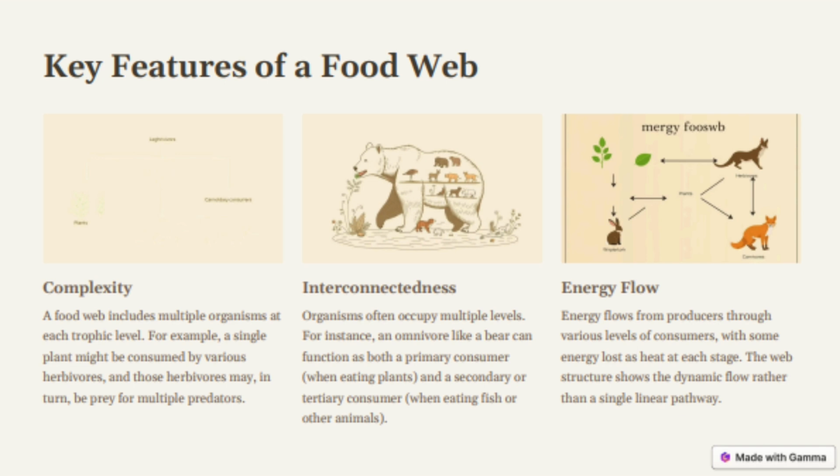So now, energy flow. The energy flows from producers through various levels of consumers with some energy lost as heat at each stage. The web structure shows the dynamic flow rather than a single linear pathway.